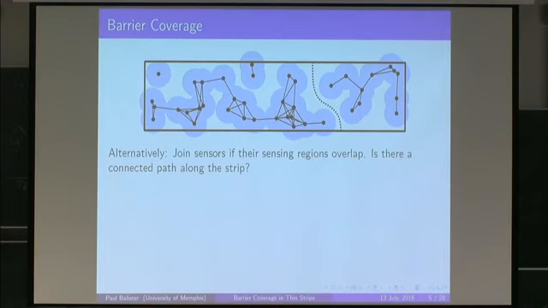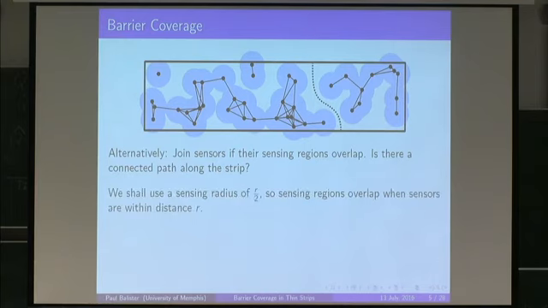The intruder can get across precisely when there isn't a graph path from left to right across the strip. So just to fix our notation, we're going to have a sensing radius of r over 2, the reason being that we want to join them with a distance r. It's just convention.